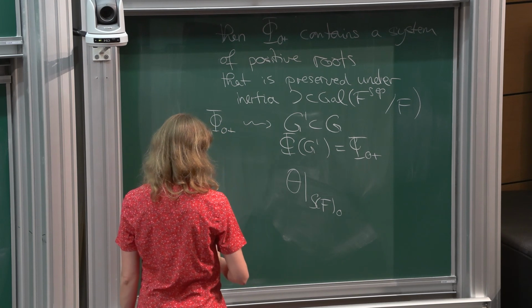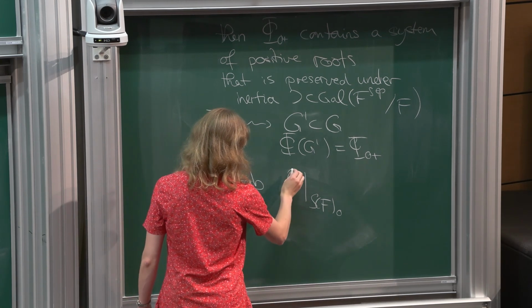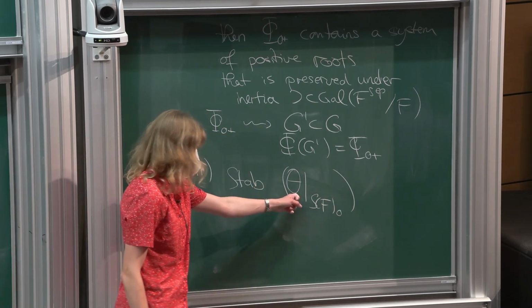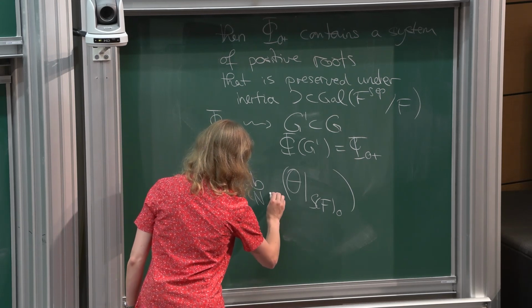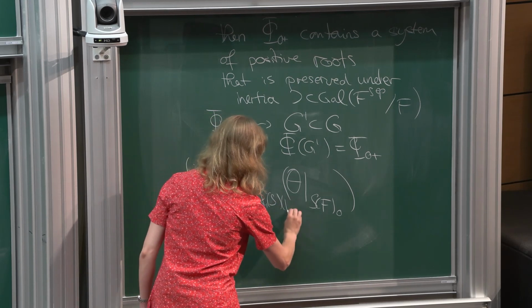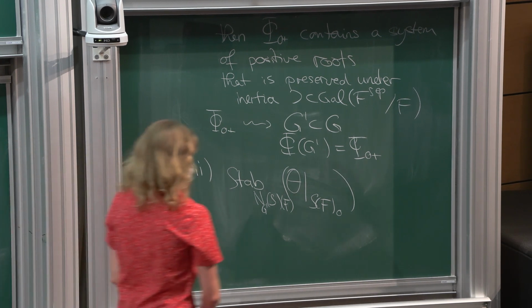What does it mean to be as generic as possible? It means that the stabilizer of this character, well, where do I look at the stabilizer? It's a character of S, so I only look at the stabilizer inside the normalizer of S, inside this G prime or G, doesn't matter. And I want the stabilizer to be as small as possible. And what is the stabilizer?